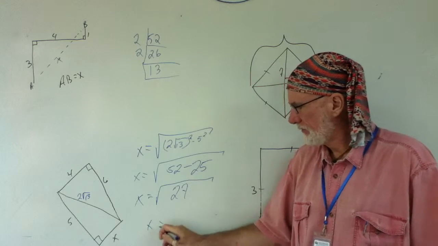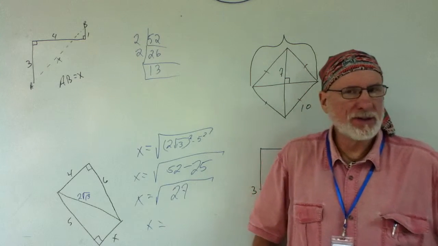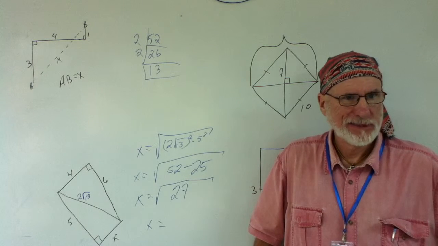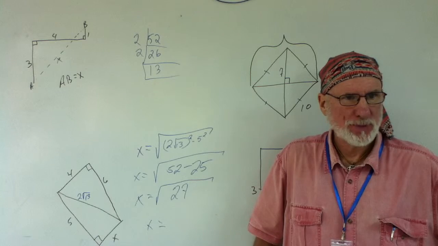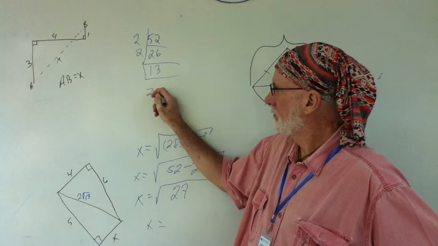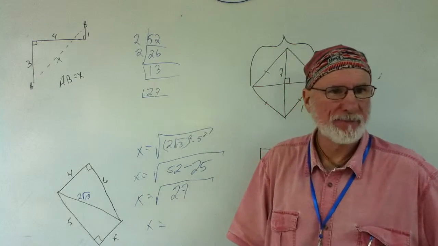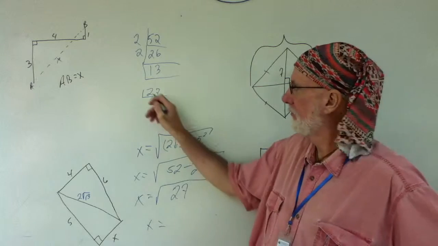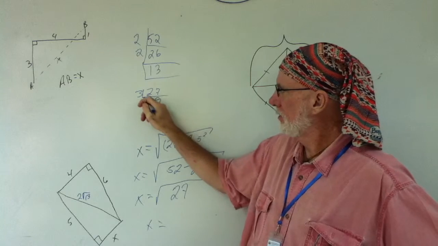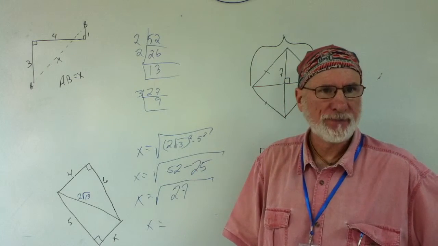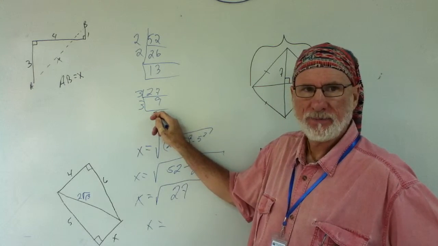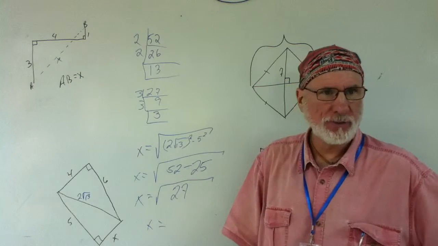All right, put it together. 27, is there a square in there somewhere? Break down 27. What do I divide it by? 3. Goes in how many times? 9. Do I divide 9 by 2? No, 3 again. 9 divided by 3 is 3. Do I divide by 2?